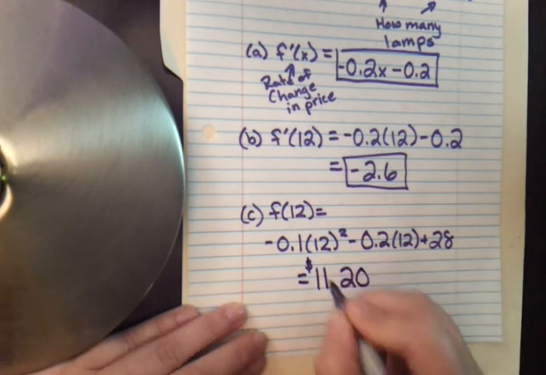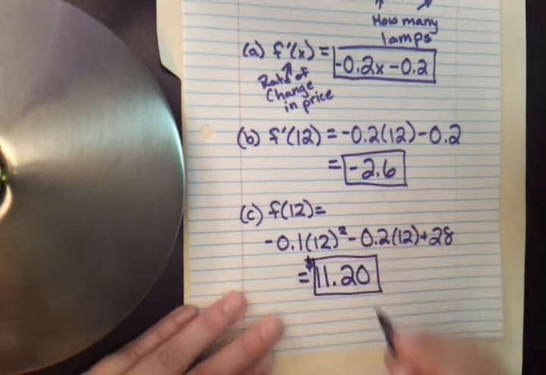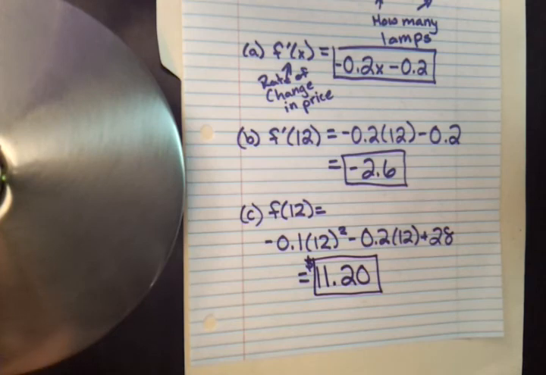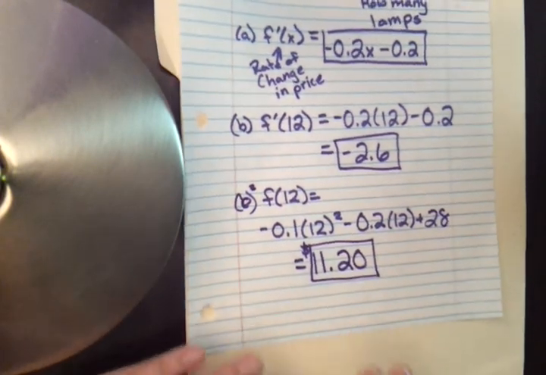So that's the cost of a lamp at that level of demand, and you're just going to plug in the 11.20 for your answer to the second part. Oh, I guess that isn't C. That's the second part of B. And that should do it.